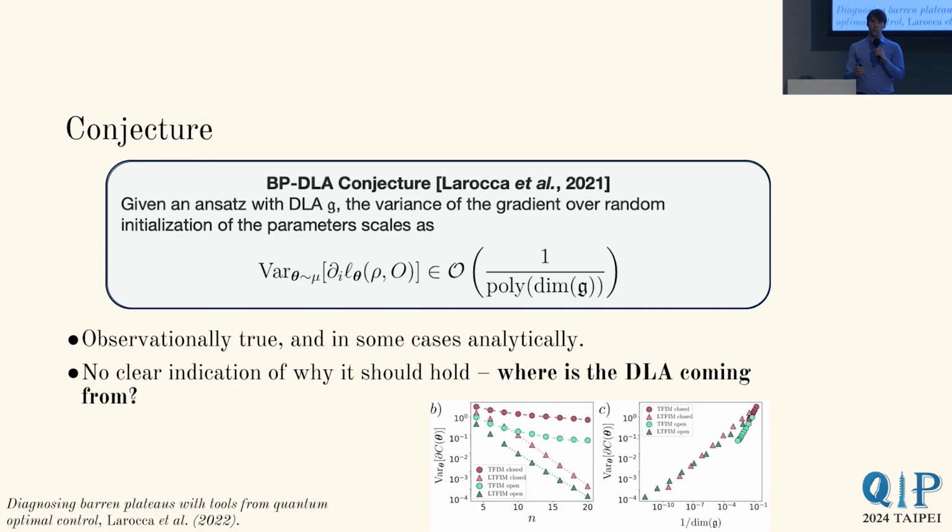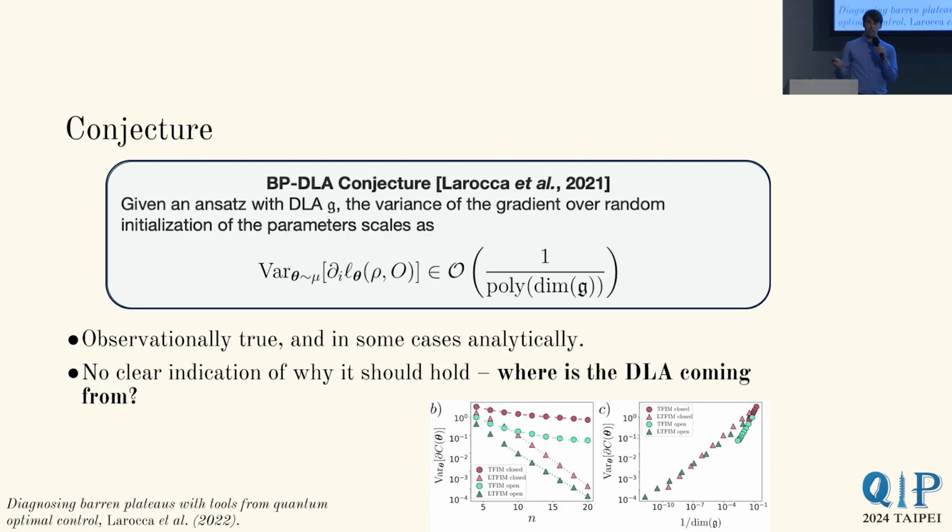However, to the rescue came this paper in 2021 by Larocca et al., which suggested this conjecture, which empirically looks very true, which relates the decay of this gradient variance with the dimension of the DLA. It's basically saying if the DLA decays polynomially, we don't really have a Barren Plateau.